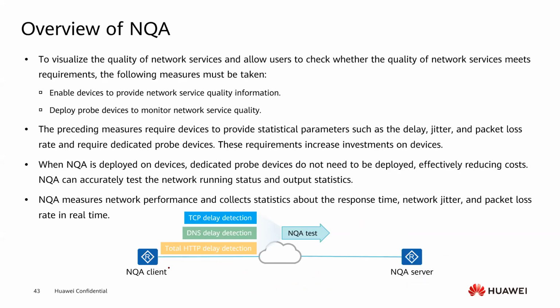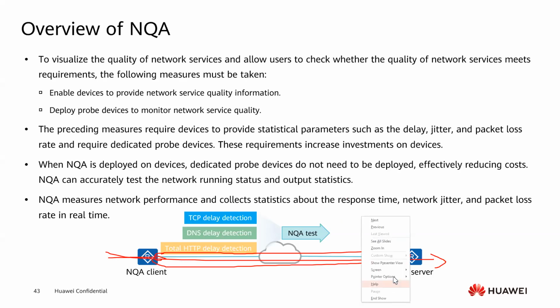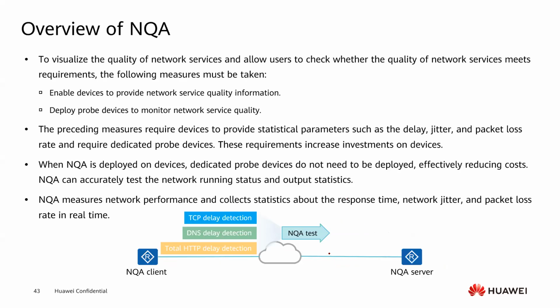When NQA does a test, it is not related to the real traffic. The real traffic is forwarded between the devices inside this network. NQA cannot test the real traffic. So how does NQA detect whether this HTTP traffic is okay or not?